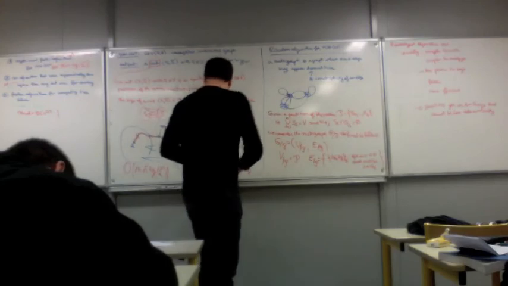For instance, if I consider the graph with vertices 1, 2, 3, 4, 5, 6, this is the graph G. Now I consider the partition: 1 and 2 are together, 4, 5, 6 are together, and 3 is alone.